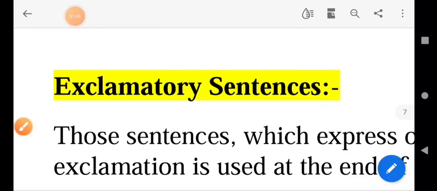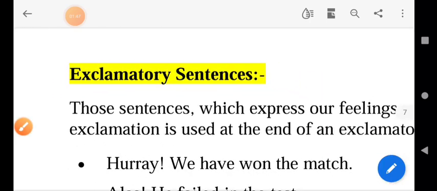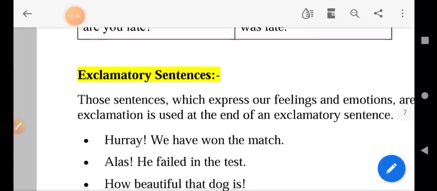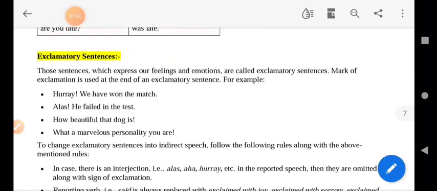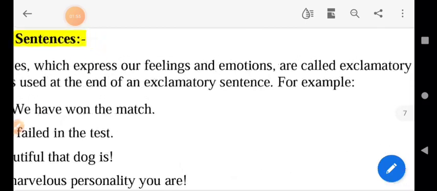The exclamatory sentence, here they have given a definition. One of the definitions they have given, I will highlight.